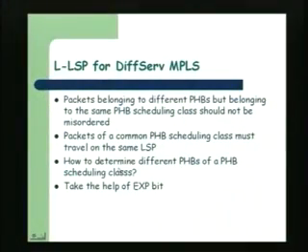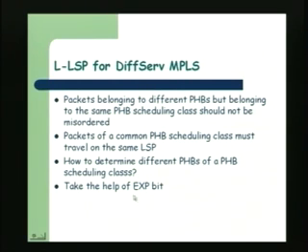Now, obviously the question arises: if we have bound a PHB scheduling class to a label, because packets which belong to the same scheduling class are now bound to an LSP, and therefore the label identifies the PHB scheduling class, how do we determine the different PHBs of a PHB scheduling class? In that case, we can take the help of the 3 EXP bits.